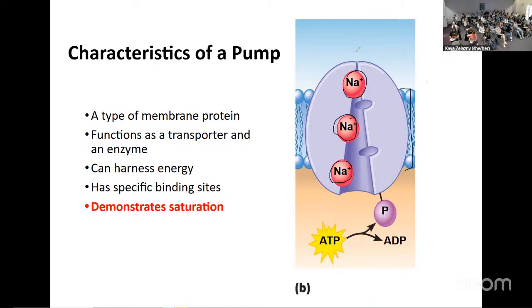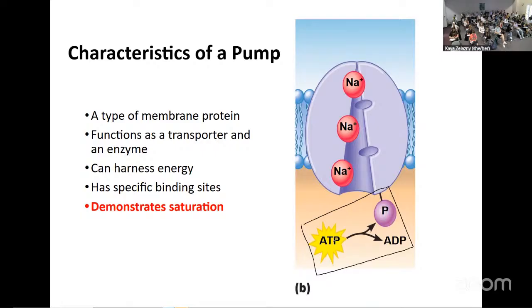The way we power this with our sodium-potassium pump is that it also has a part that acts as an enzyme. Down here, you can see that we're taking ATP, which is where we're storing all our cellular energy. We did cellular respiration, got our energy out of glucose, and stored it in the form of ATP.